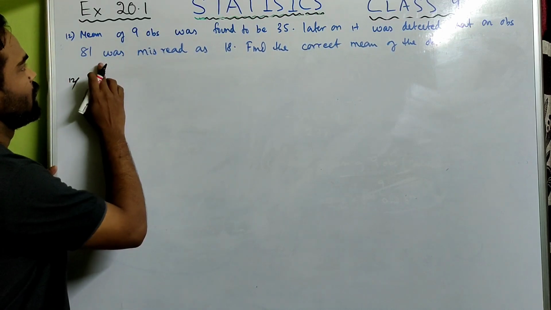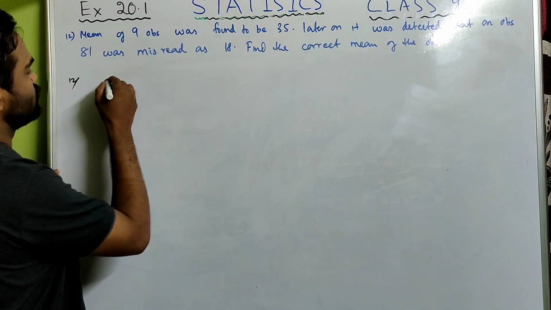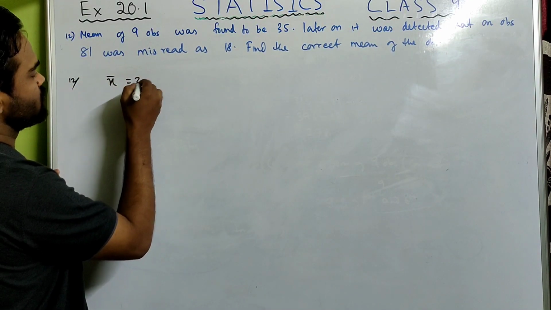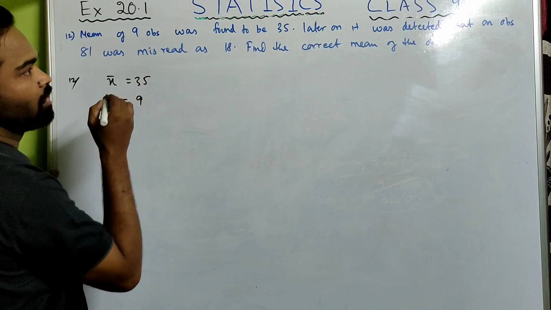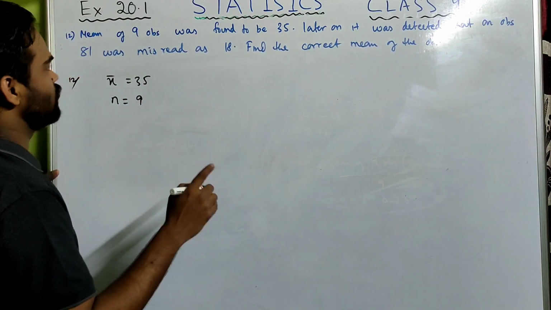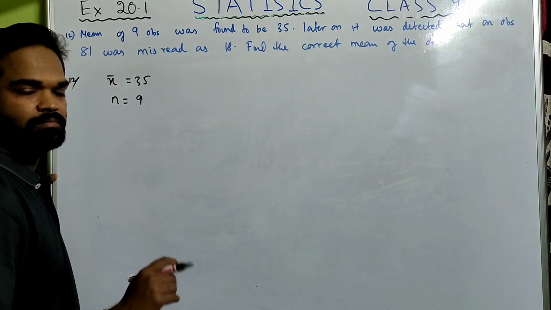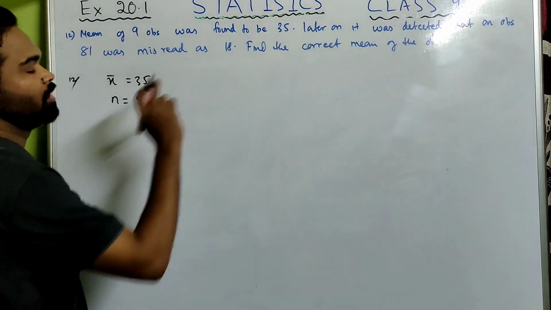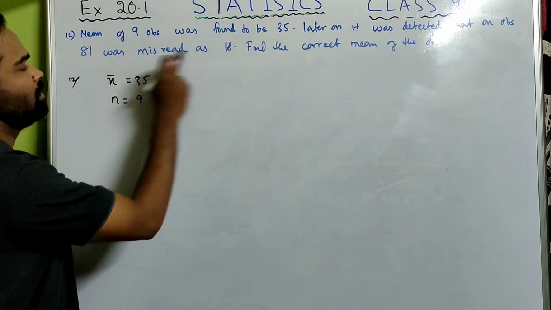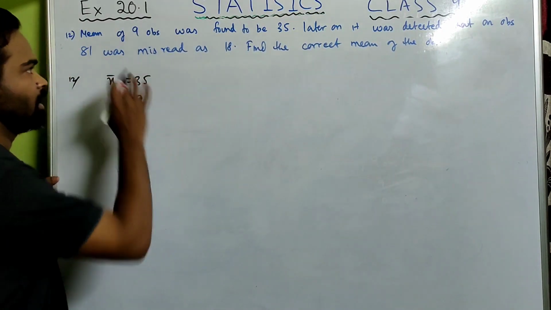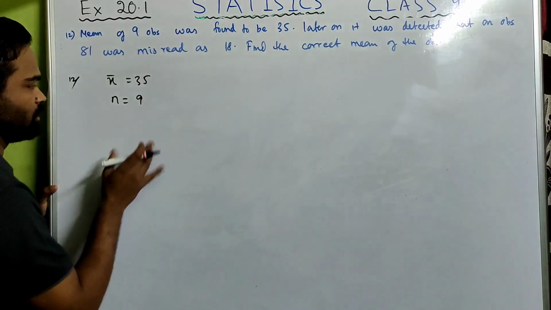Very interesting. Mean of 9 observations is 35. Okay, later on it was detected that an observation 81 was misread as 18. Find the correct mean. So there was a problem with the reading of the observation. Instead of 81, the guy wrote 18. Forget about this case now. First of all, concentrate on this.